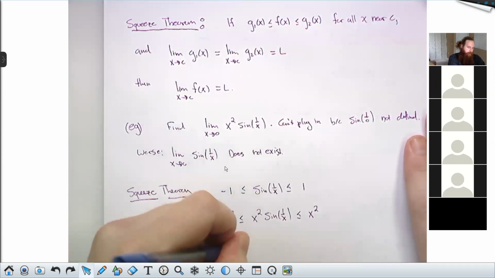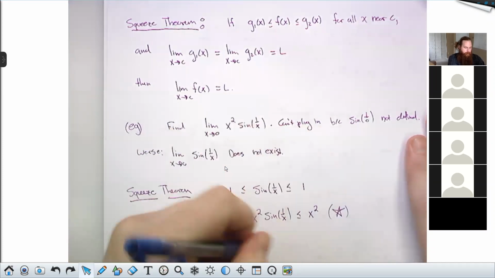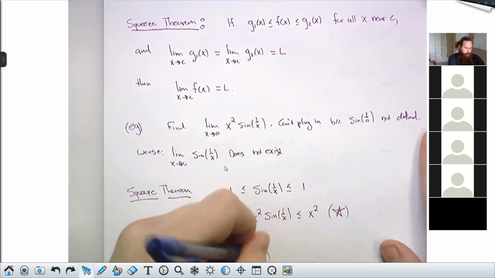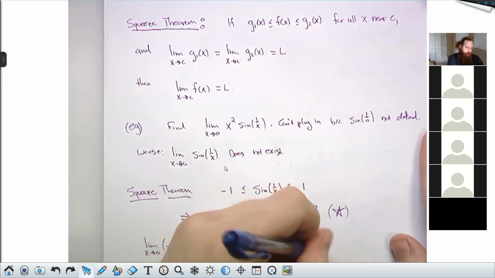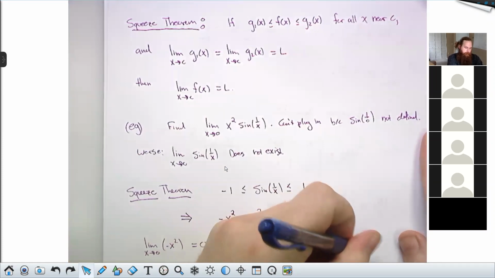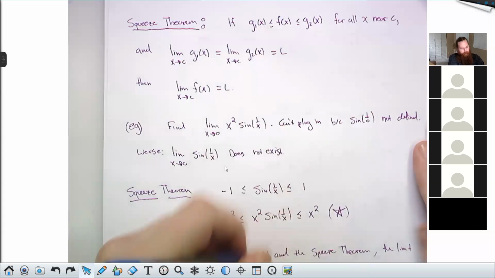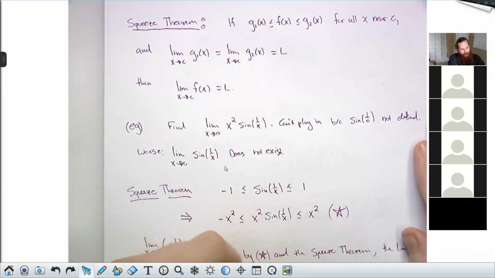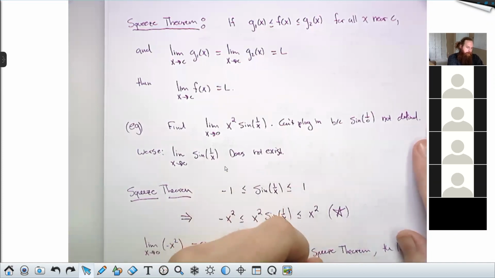Therefore, by this inequality, we'll call it star, and the squeeze theorem, the limit as x goes to 0 of x squared times the sine of 1 over x must be 0 also.